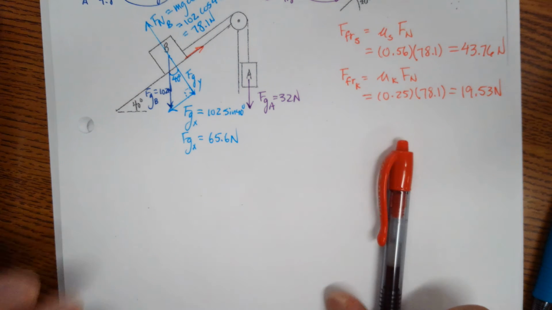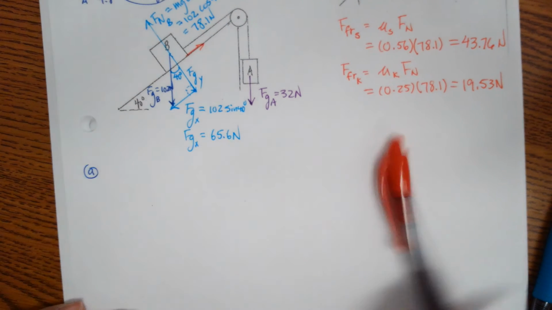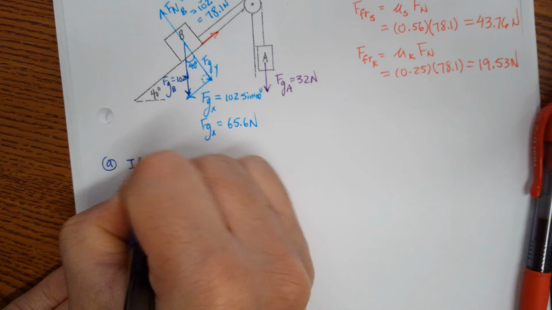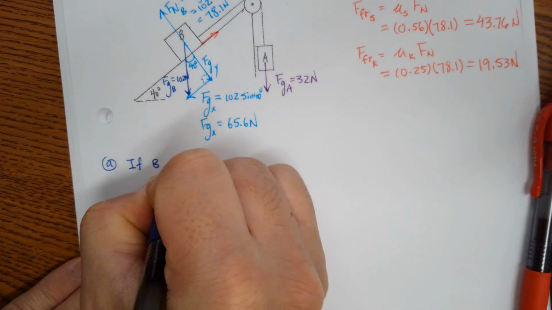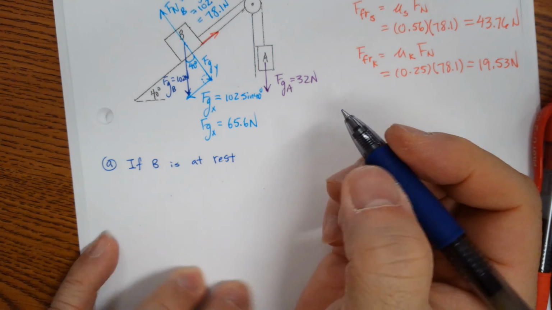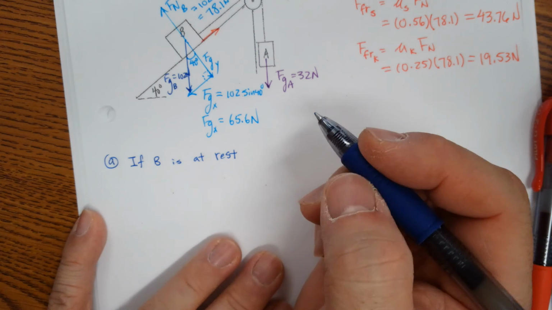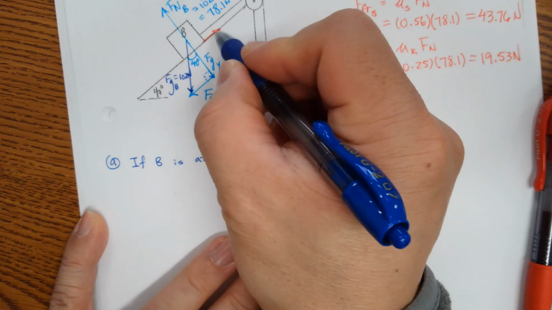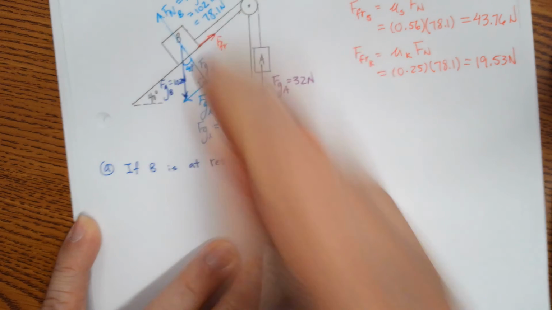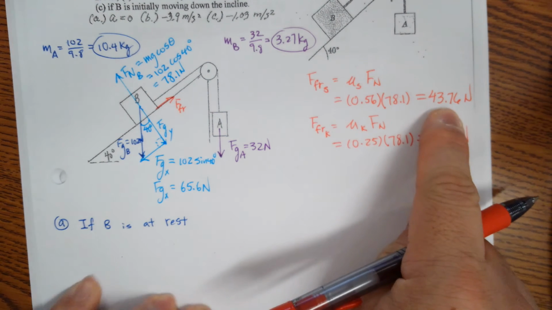So if it's at rest, this frictional force does not have to be 43.76.